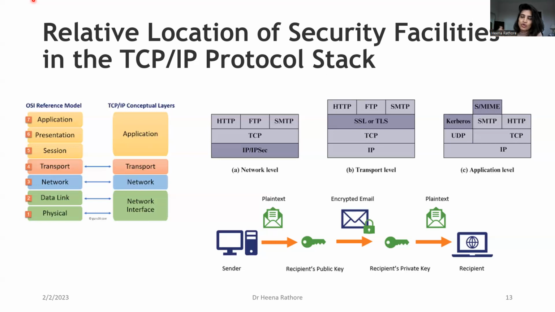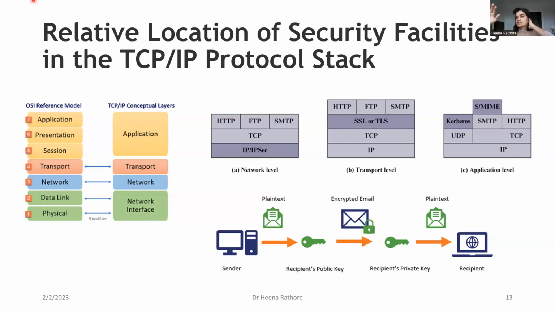It passes through the OSI layers where application is the protocol which helps you decide what kind of service you want to utilize. If it is mail, you will use SMTP. If it is a file transfer, you will use FTP. If it is web traffic, it will be HTTP.